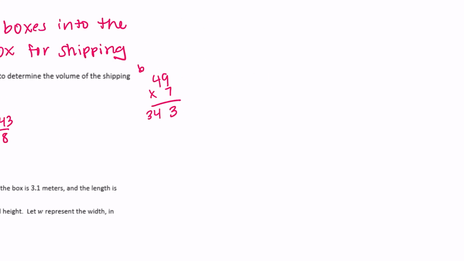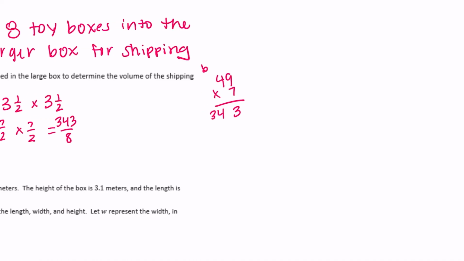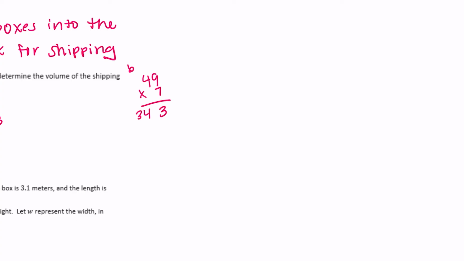Let's figure out what that is. Eight goes into 34 4 times. And then 8 goes into 23. 8 times 3 is 24, so only twice.